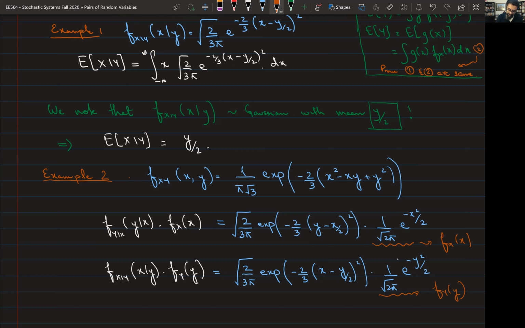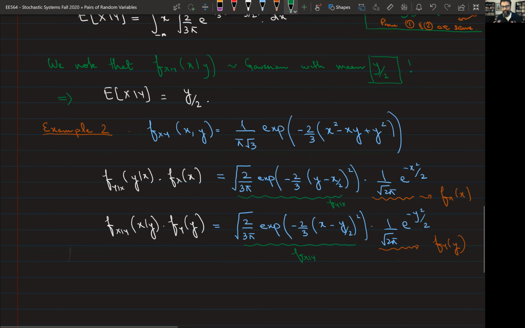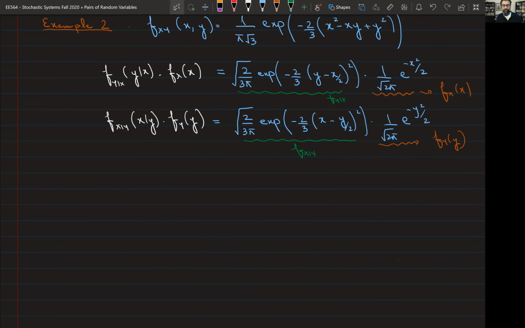So what is this? This thing here is f_Y given x, and this thing here is f_X given y. Okay. Now, armed with this, you need to do the following. This is something we're assuming we know because we've all looked at example 5.10.